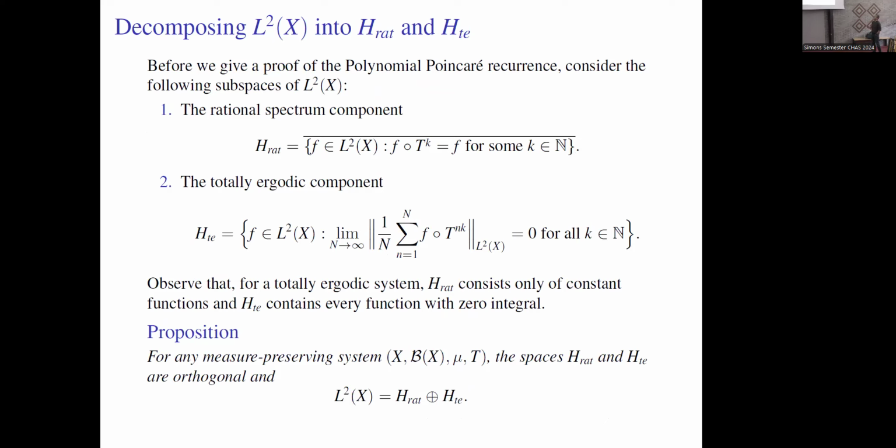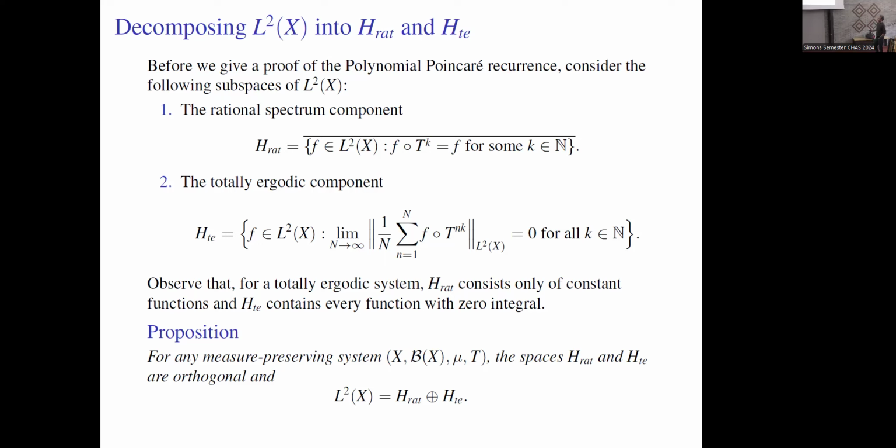And this is what we do here. This is why we introduce the rational spectrum. So this is the closure of the functions which are invariant under the K-th power of the Koopman operator.